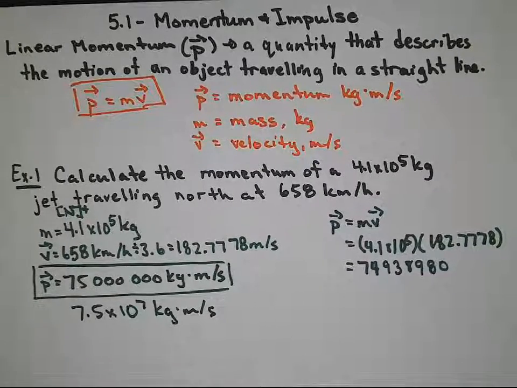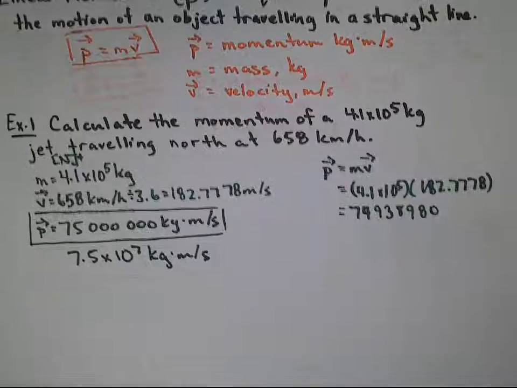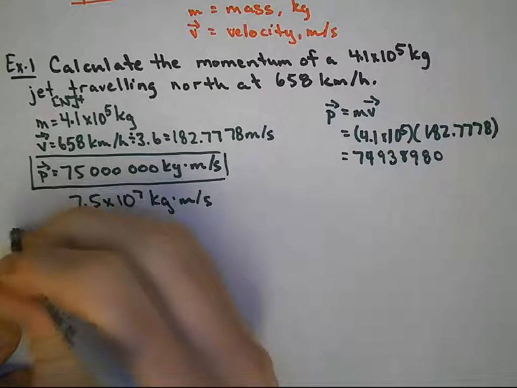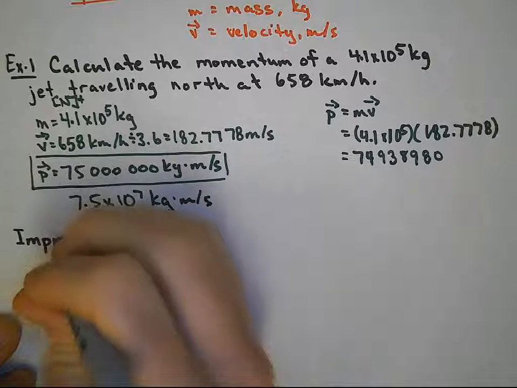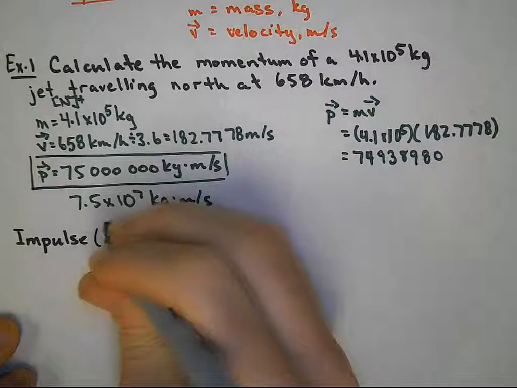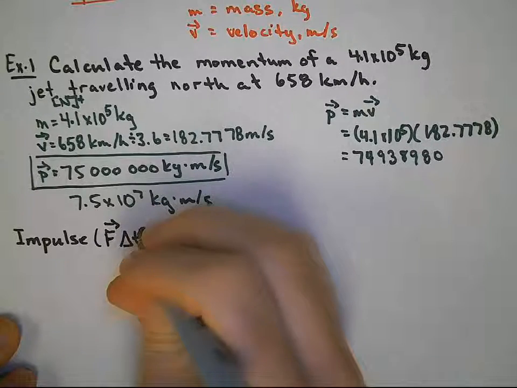When we talk about linear momentum, we must also talk briefly about impulse. Impulse is represented by F delta t.